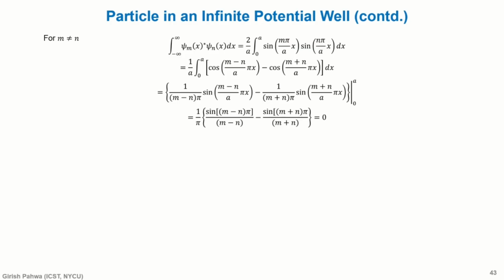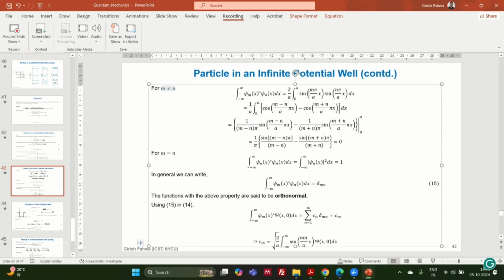The formula is cos of A minus B minus cos of A plus B. That gives you 2 sine A sine B. So this quantity 2 sine A sine B will give you cos of A minus B and minus cos of A plus B.